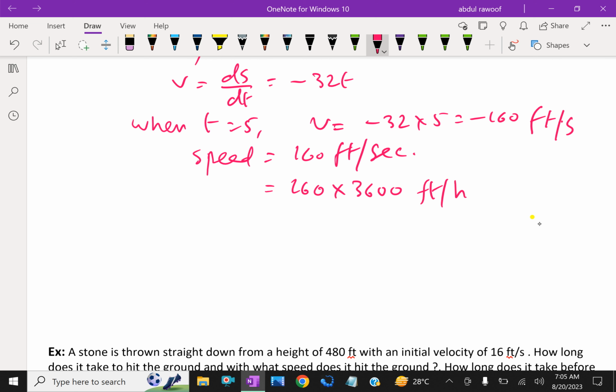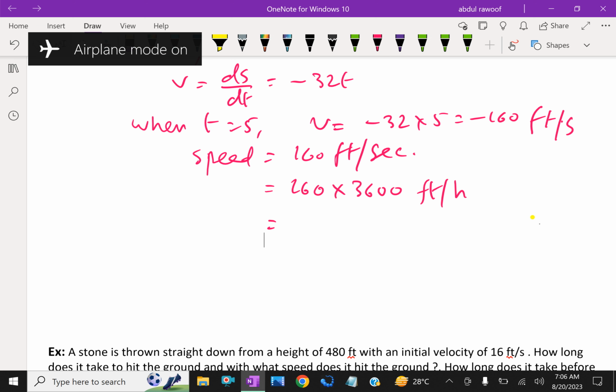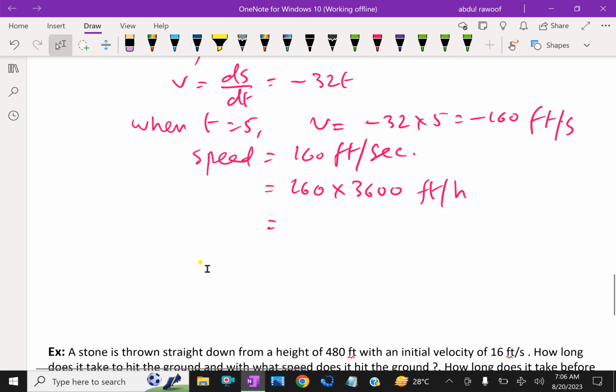Then we have to convert feet per hour into miles per hour.